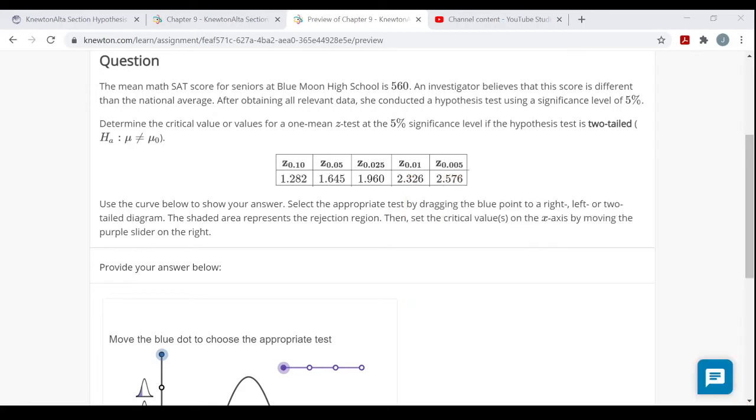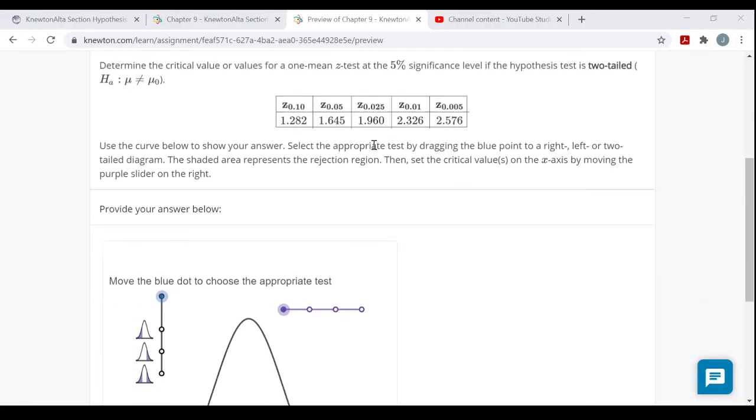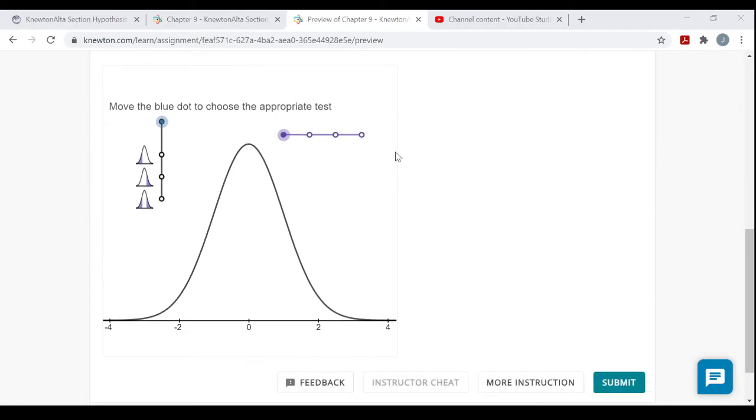And it's that simple. That's all that's being asked. Now they want us to move some stuff on this graph, this normal distribution. I moved the blue dot to the appropriate test. This would be if it's left-tailed, this would be if it's right-tailed. It's two-tailed, so we should have two halves of the rejection region, one to the right, one to the left. Then I need to move this purple dot to a point where the z-scores are in the proper place.